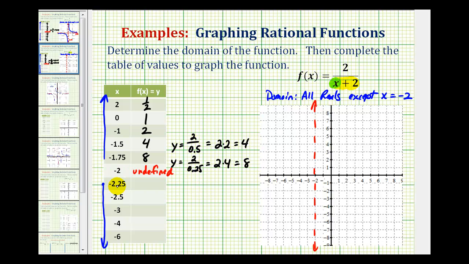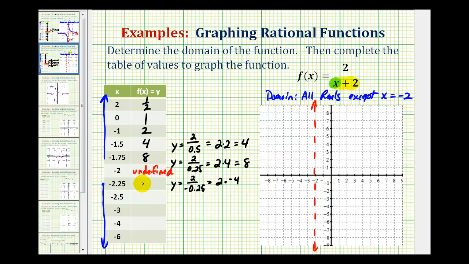When x is negative 2.25, notice the denominator here would be negative 0.25. So we'd have y equals 2 divided by negative 0.25, which is the same as negative 1/4. And dividing by negative 1/4 is the same as multiplying by the reciprocal, which would be negative 4 over 1, or just negative 4.